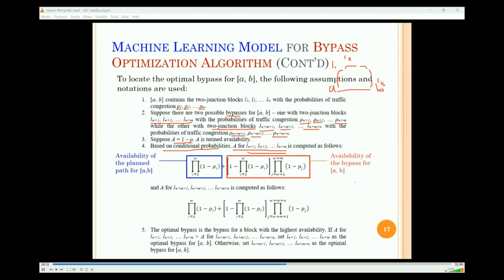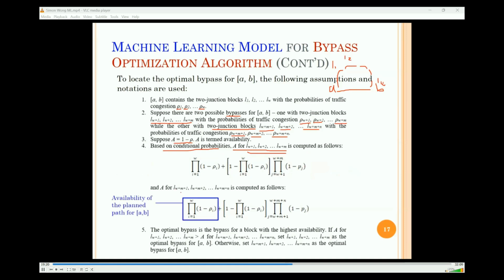So these two added together mean the availability of the bypass for the AB block. Now, over here you see this is the availability for the other bypass.